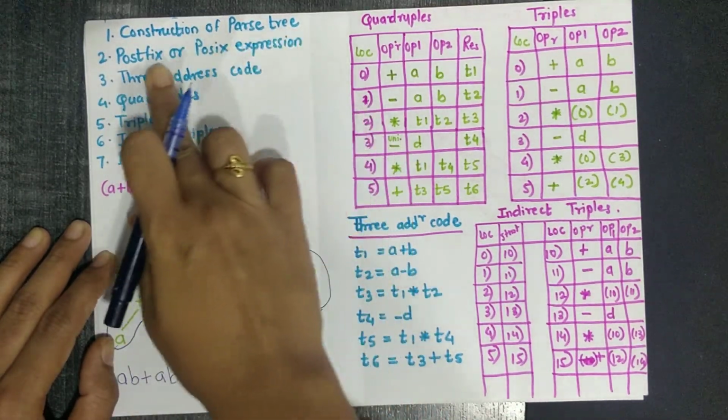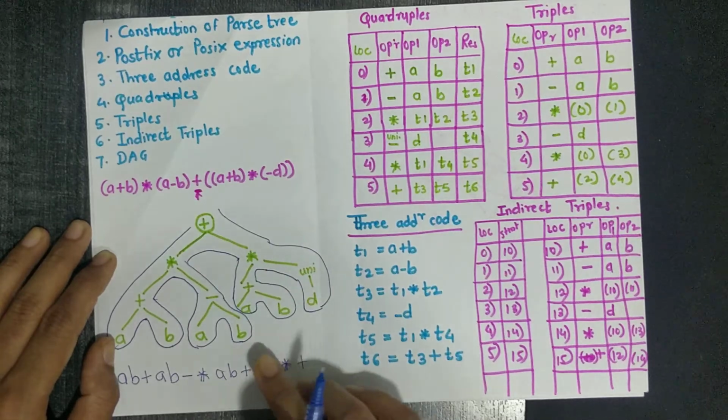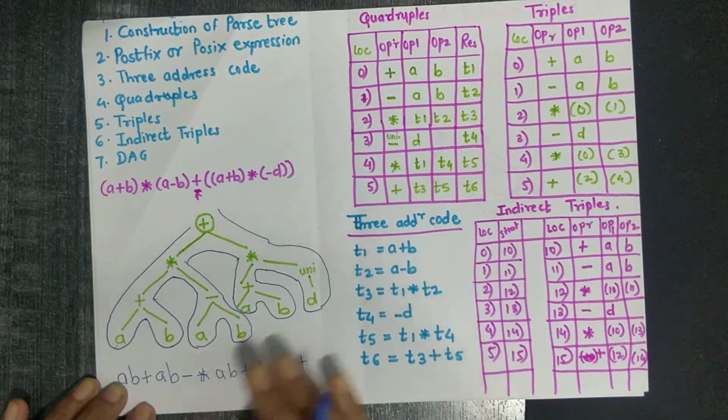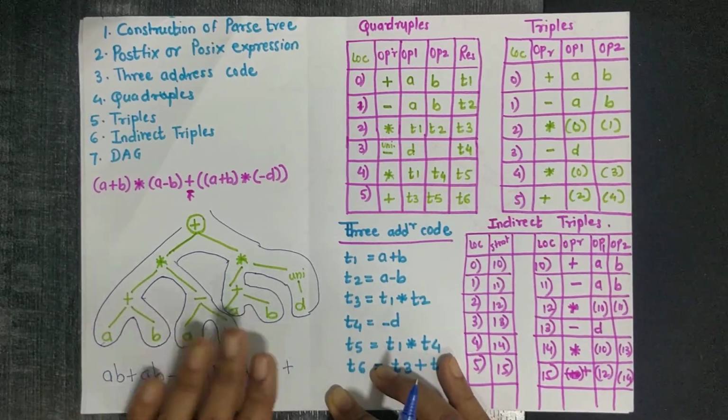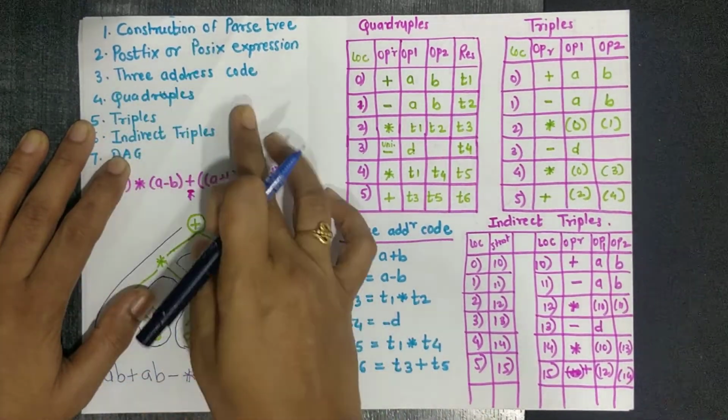Construction of parse tree, afterward postfix expression. I hope you understood, or all of you may already have that idea of how to generate the postfix expression. That is very easy. Now the generation of 3 address code.